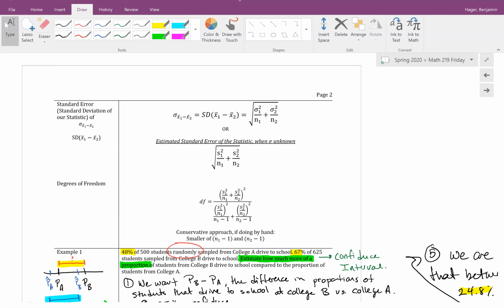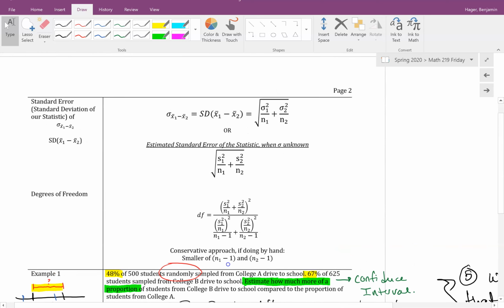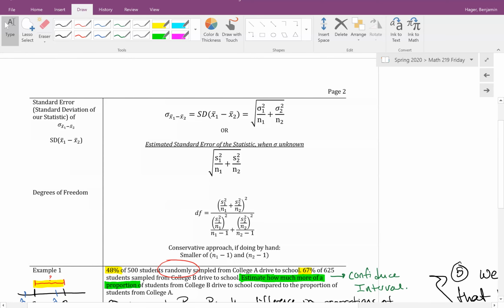This looks gnarly, and it is, but let's break it down for a second. We need to know how to find the standard deviation of a difference between two means. Because again, either the interval we're looking for or maybe the null or alternative hypothesis is going to look at the difference between two means.